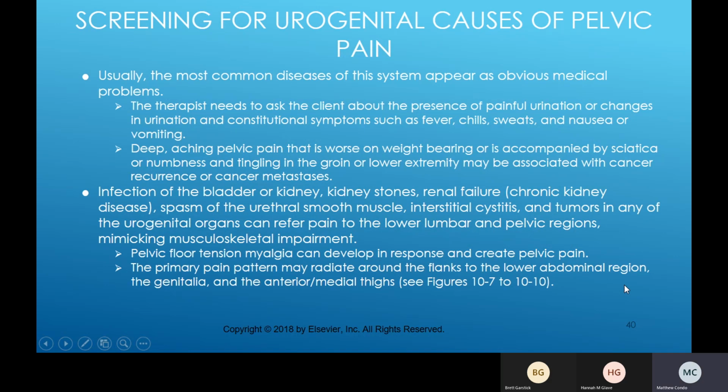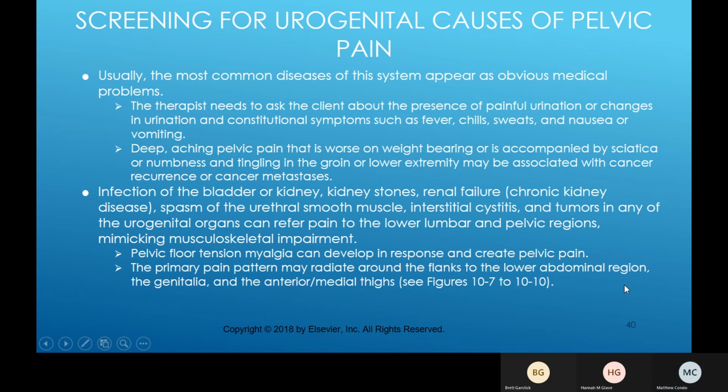When it comes to the urogenital system, the big ones we're going to see here are going to be kidney stones and UTIs. So be familiar with the signs and symptoms of a kidney stone or kidney infection. Be familiar with the signs and symptoms of a urinary tract infection.